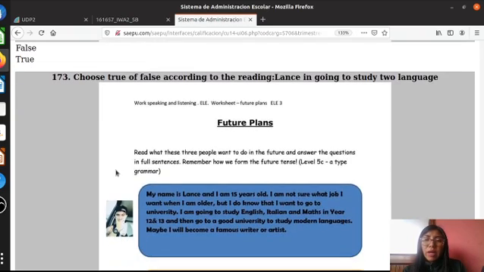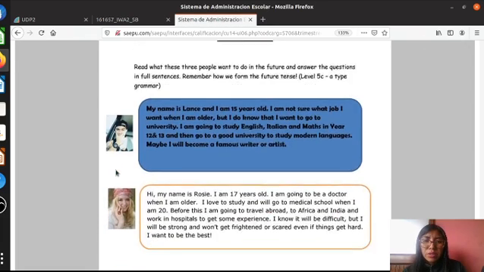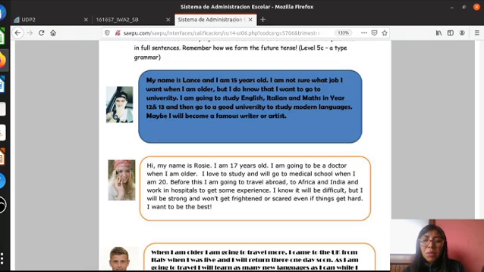Okay, here we have another reading. Aquí tenemos otra lectura. Choose true or false according to the reading. Lance is going to study 2 languages. Okay, here we have some descriptions of the people. It says, my name is Lance and I am 15 years old.